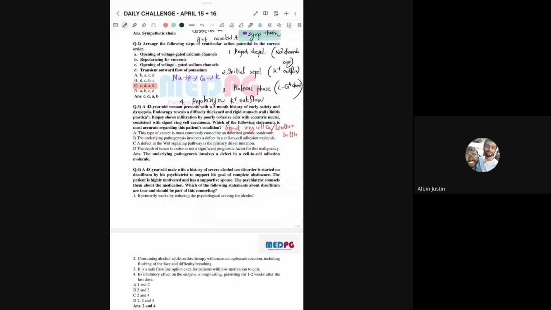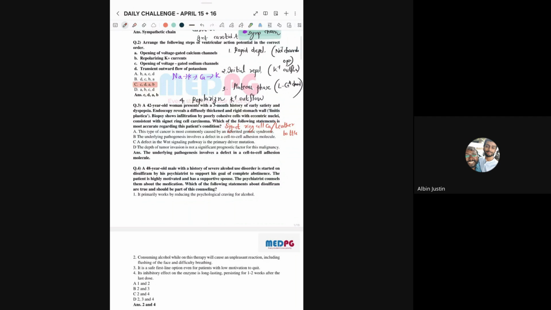Which of the following statements is most accurate regarding this patient's condition? So what happens here? There is E-cadherin loss, and there is a CDH1 mutation. So what happens there is poor cell adhesion and there is diffuse infiltration of the stomach wall.